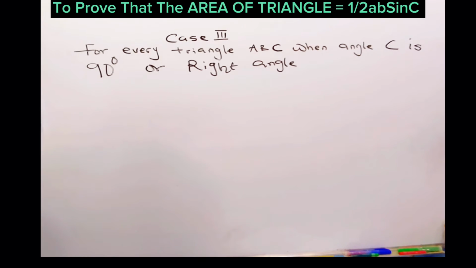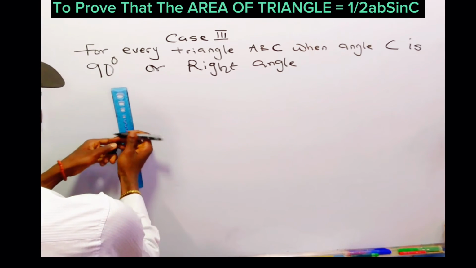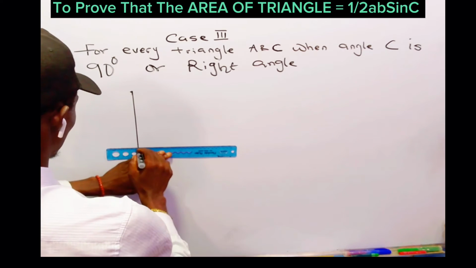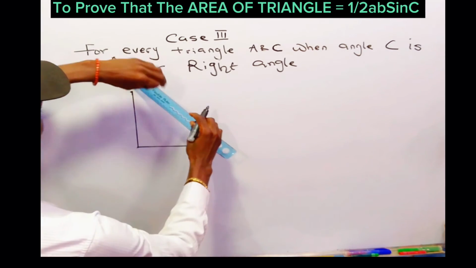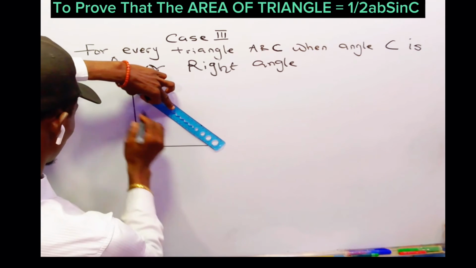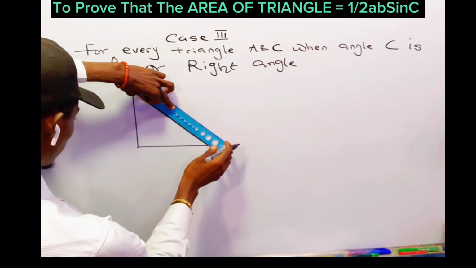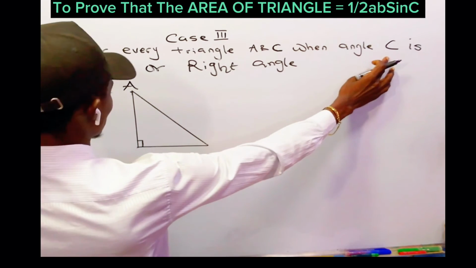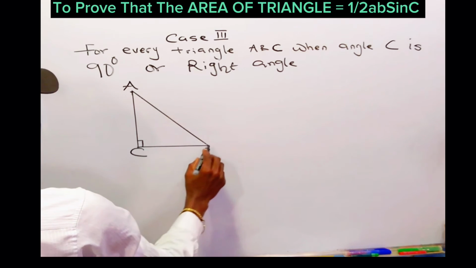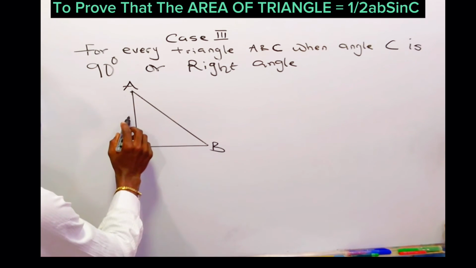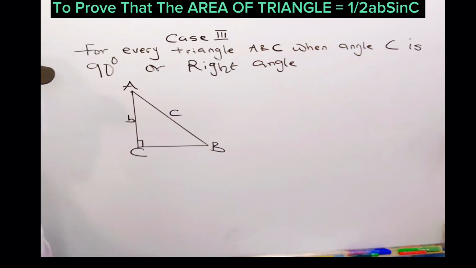So if we have angle C to be 90 degrees, let's prove that the area of triangle is half AB sine C. So let's consider triangle ABC where angle C is 90 degrees, so this should be our position for angle C. B, and opposite B, of course, we call it B. Opposite C, let's call it C.